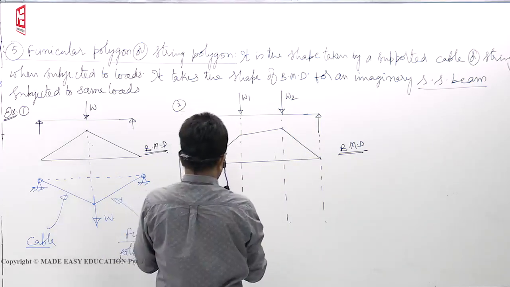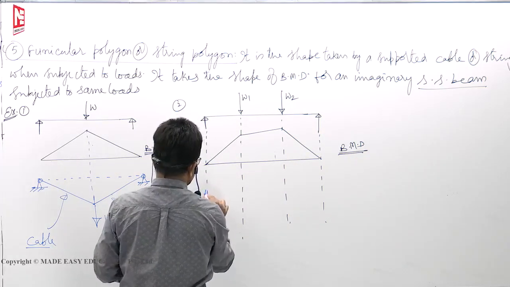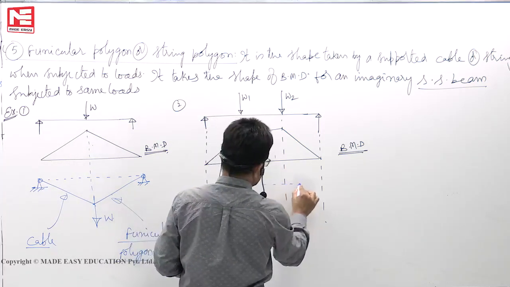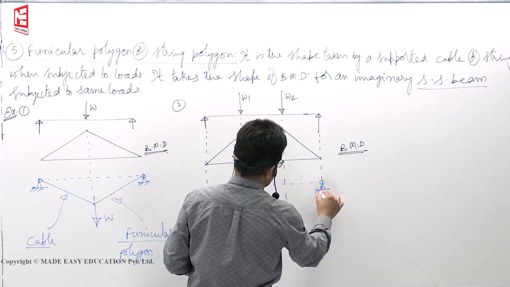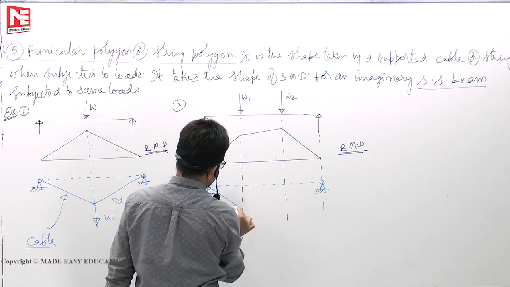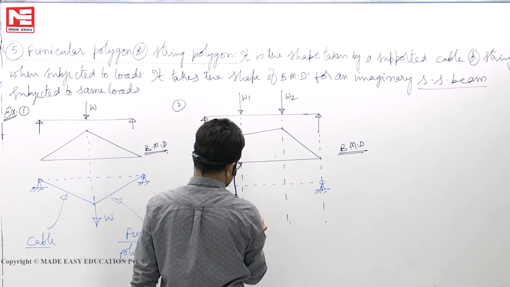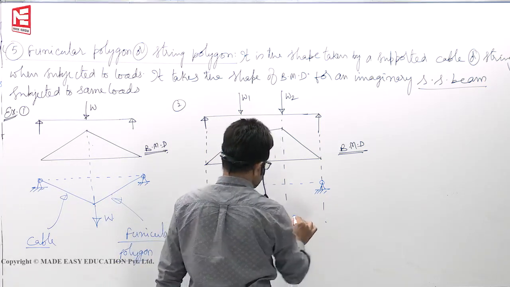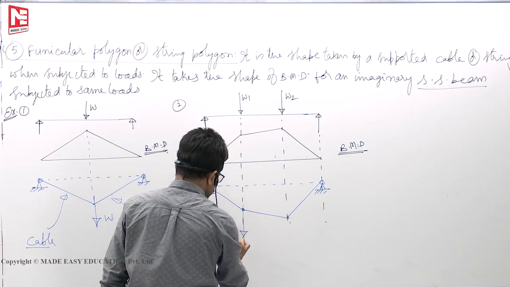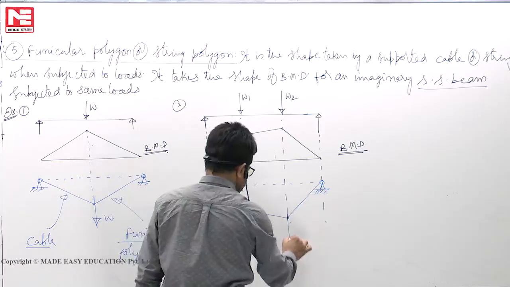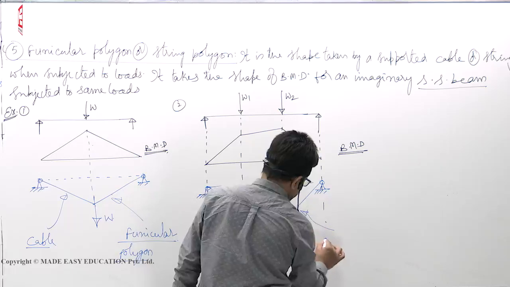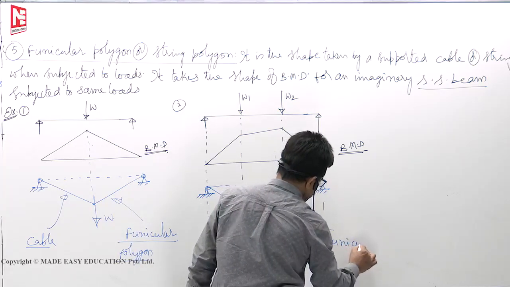If you take a cable that is properly supported, the dotted line is the cable I am showing. When loaded at the same positions, it will take this shape, like this. This load here is W1, this load here is W2. This shape taken by the cable we call a funicular polygon.